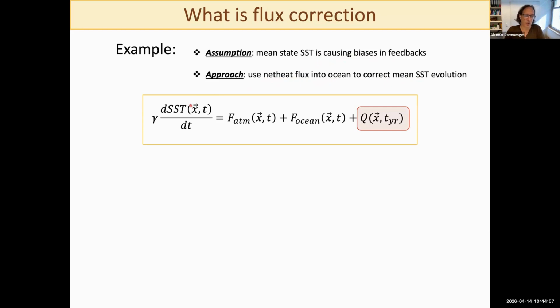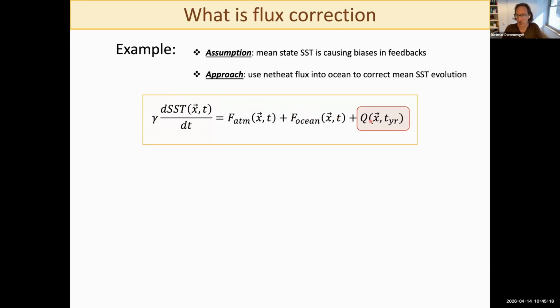So in terms of equations, this would look like this. Let's say we have an SST surface temperature tendency equation with a heat capacity, and then the tendencies in SST. They are different at each location, and they are a function of time. In principle, they have some atmospheric forcing at each location at each time, and then they have an oceanic forcing at each location at each time.